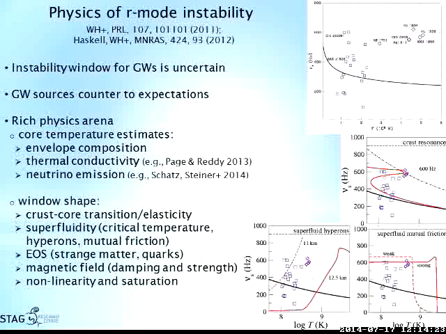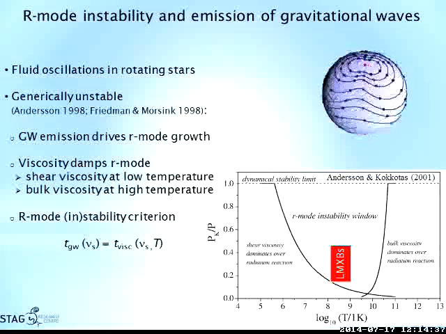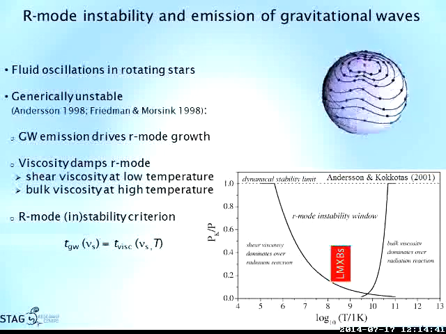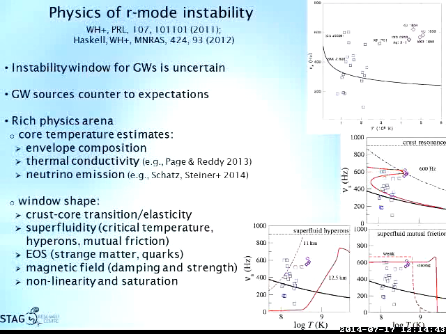And what's determining this line at these temperatures is the shear viscosity. The bulk viscosity is way up at higher temperatures, so here we're only looking down here. So that's already a constraint on the shear viscosity.